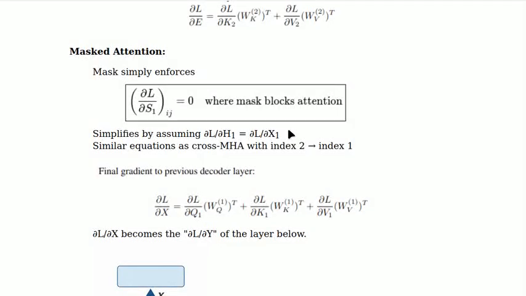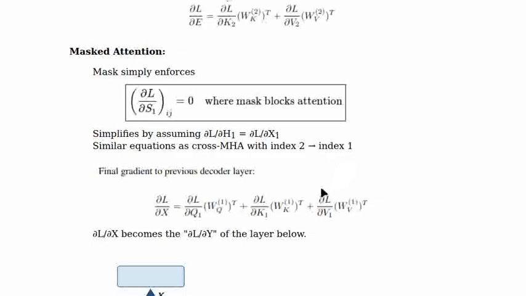We can simplify again by assuming dl dx1 equals dl dx1. We have similar equations as cross MHA with index 2 replaced by index 1.